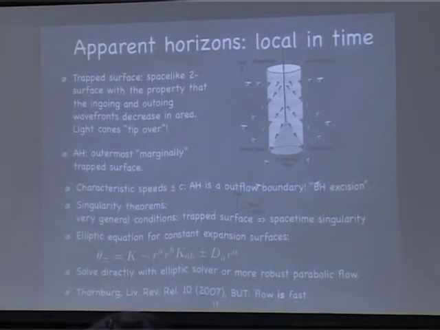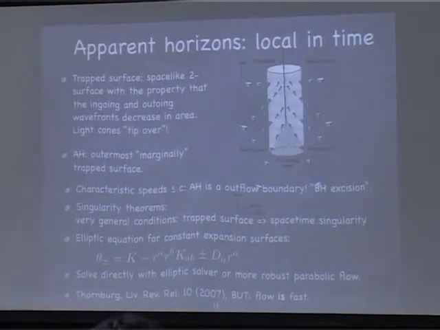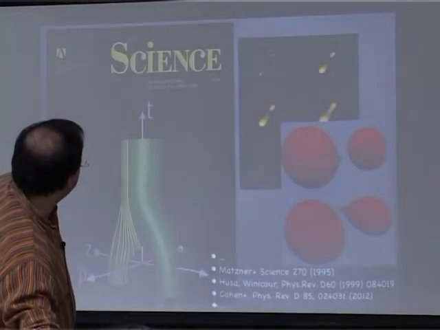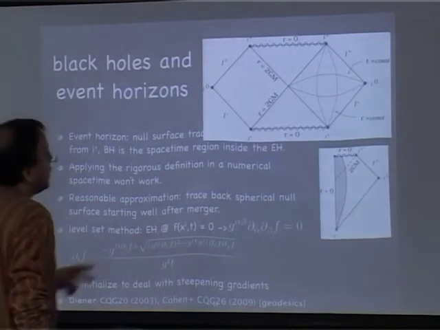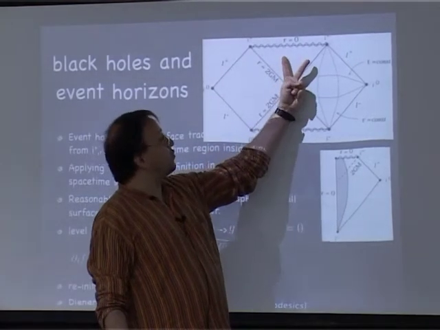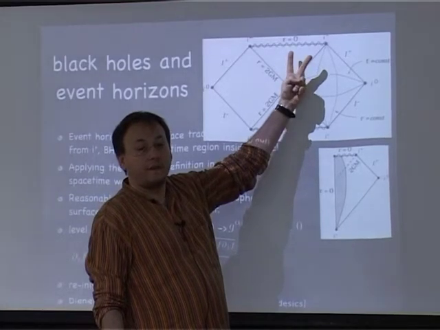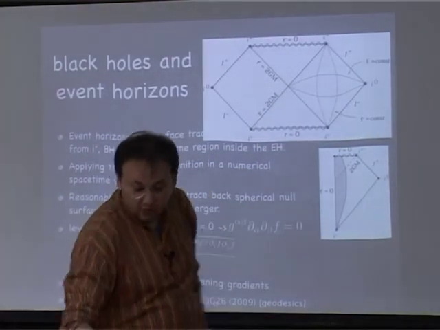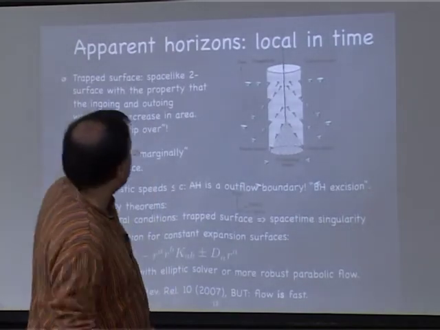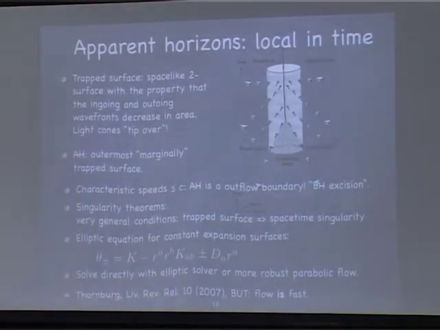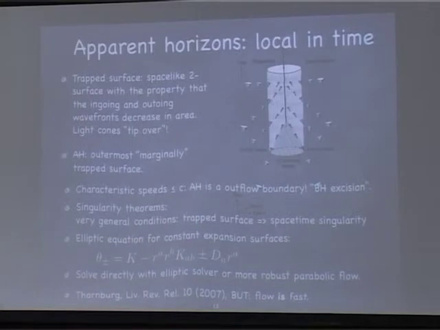That's the basic idea of an event horizon. If you go back to our previous picture here, if you locally draw the light cone here, the light cone has kind of tipped inward. Right? That's the crucial feature of the horizon. And there is a way to somehow define this locally in time.